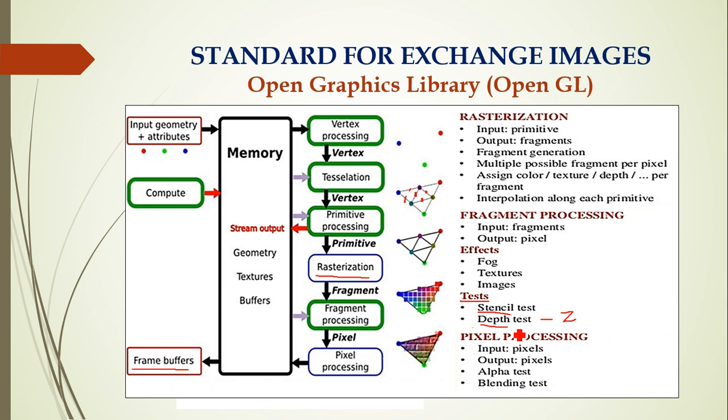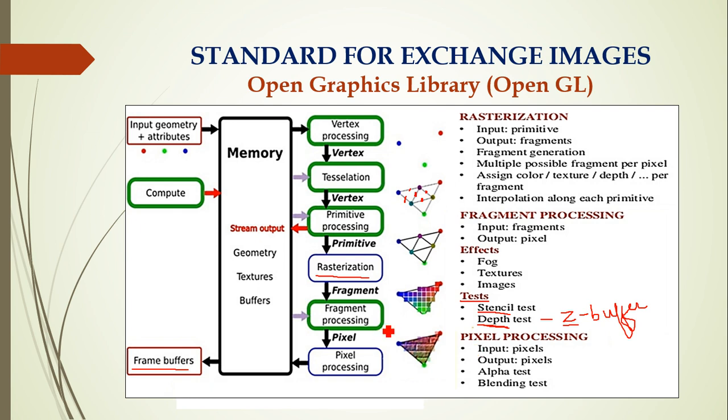The Z buffer, again available along with the stencil buffer, contains the reference values of the depth for the 3D figures. So this image could be tested for that. What depth could be provided for that particular image could be identified with the help of this depth test.